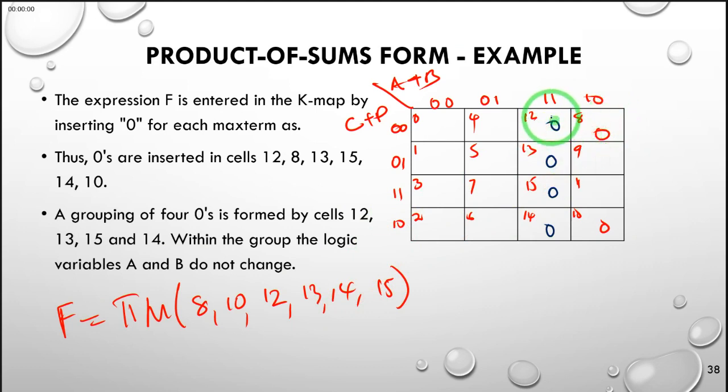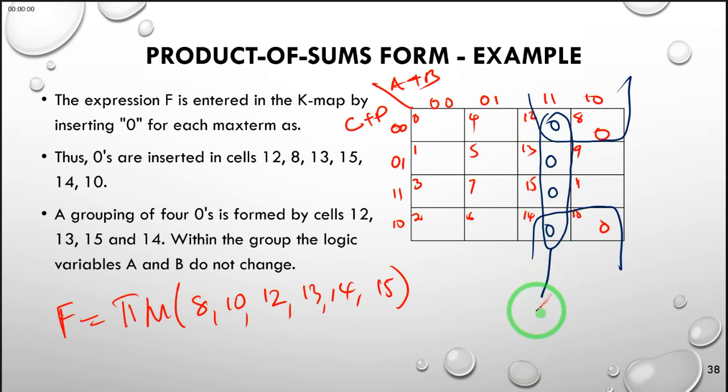And we now group the groups of 4, which is this one, and then this other group of 4, which is this one. So we then identify what this group represents, and this group represents A bar or B bar, as we said. Just notice that unique representation where we have changed from how we represented sum of products to the product of sums.